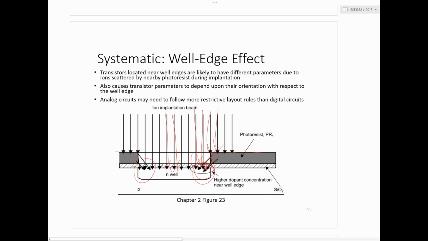And this is not a small effect. What it means is that you take this well and fill it with a bunch of PMOS transistors, and the transistors that are close to the edge of the well can look very different than the ones in the middle of the well. I've seen results where you have to leave 1, 2, 3 micrometers away from the edge of the well before that effect disappears, which is a really big number if you imagine the transistor gate might only be way less than 100 nanometers.